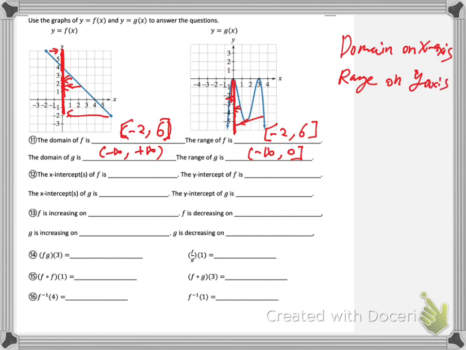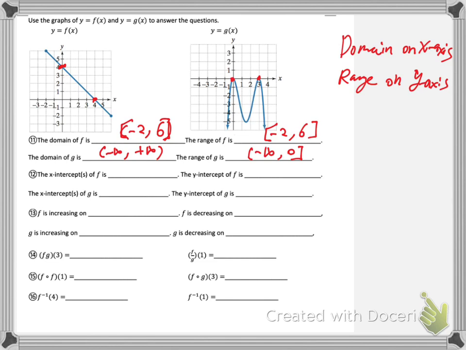Okay, range on the y-axis. Now x-intercept and y-intercept. The x-intercept and y-intercept are where the graph touches the x and y-axis. So this is the x-intercept for f, and these are the x-intercepts for g, and the y-intercept for g.